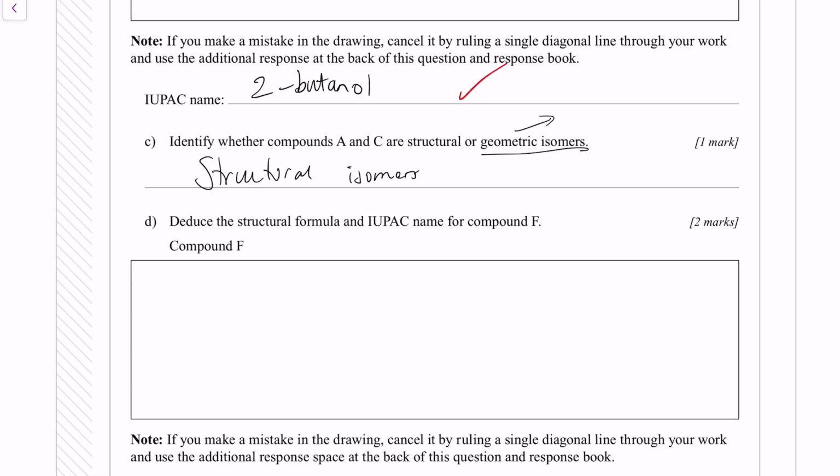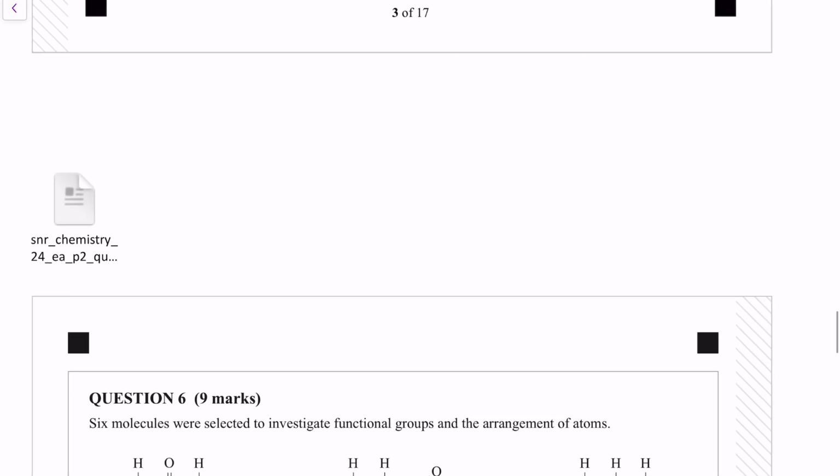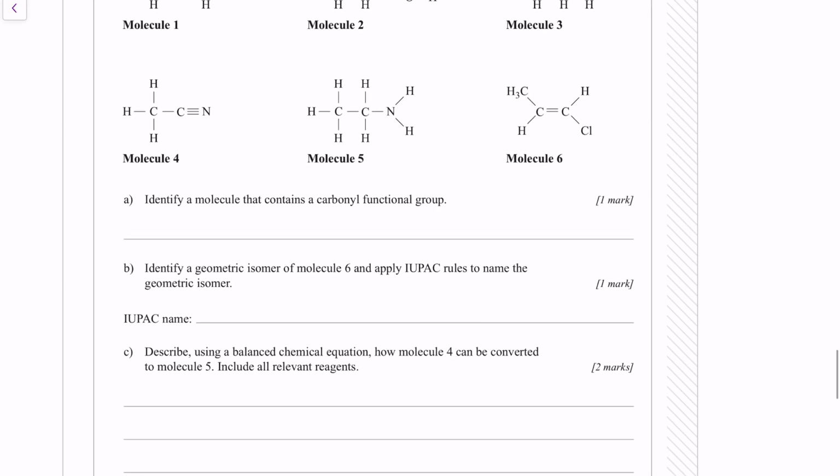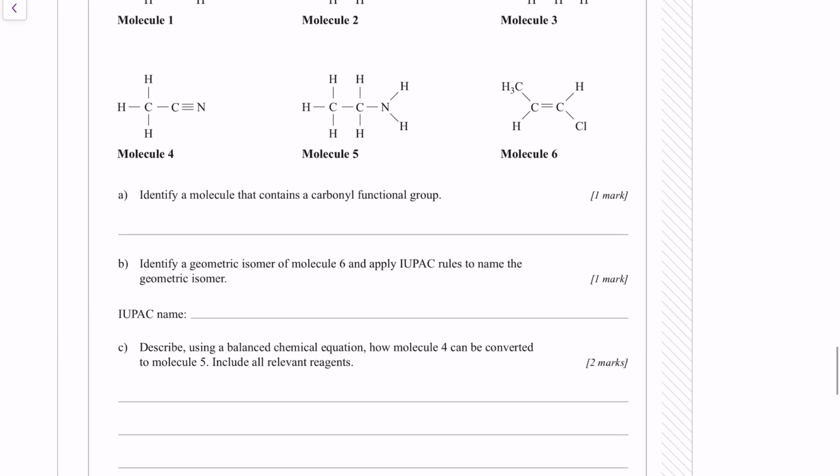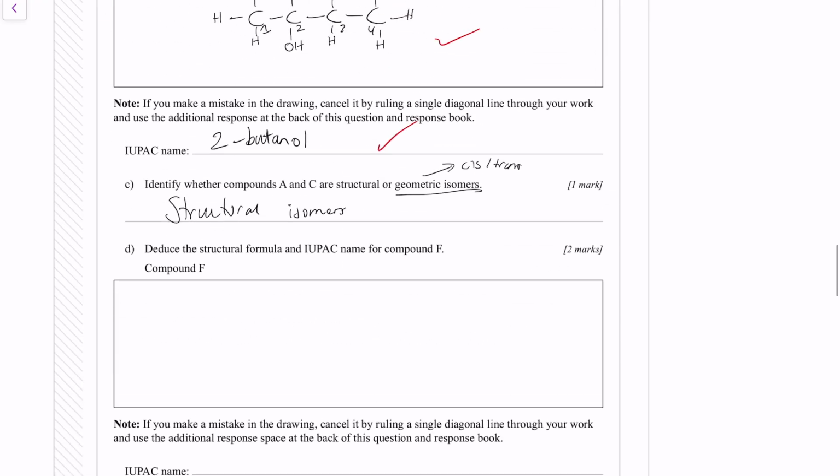So it's still probably going to be the same carbon, but we're talking about cis and trans: trans is the opposite side relative to another group, and cis is the same side. And I think there was a question in 2024, my paper, which talks about geometric isomers. So we'll talk about that then.